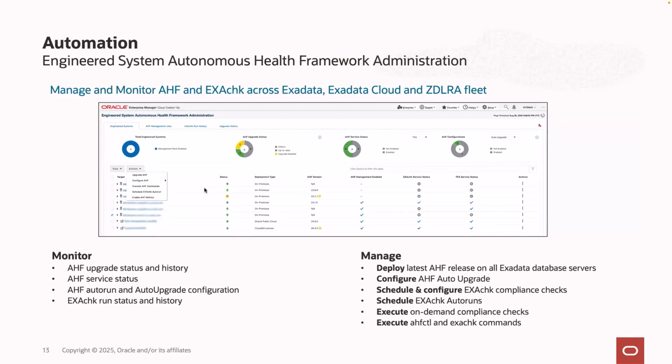We use gold images, so you can download the latest AHF, and then we can distribute that to all nodes in the cluster, and for all Exadatas also. We can also do this automatically, so configuring AHF auto upgrades. We can schedule AHF compliance checks and schedule Exacheck auto runs from the interface here.